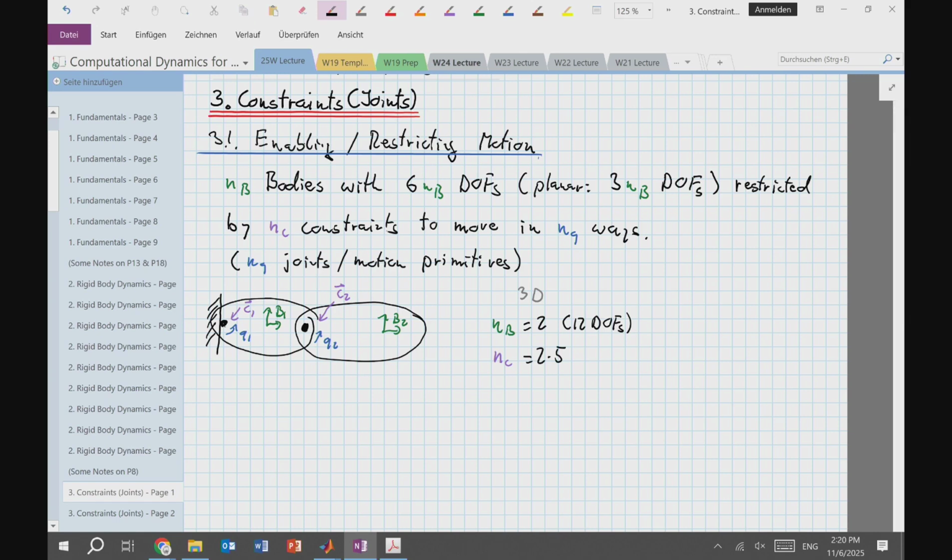I cannot move down, I cannot move over, I cannot move in this direction with a hinge here. So translation is fully blocked. I cannot rotate this way, I cannot rotate that way. Another 2 rotations blocked. So I take away 5 degrees of freedom per joint, and I am left with NQ equals 2.